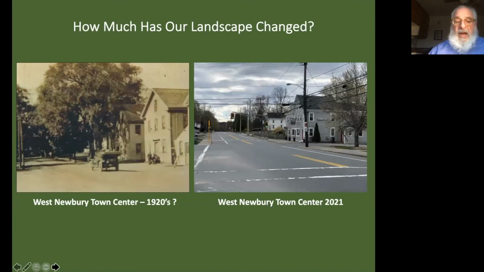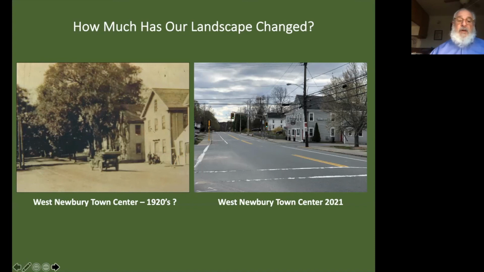Well, here's the side-by-side of our town center. And how much has the landscape changed? Now, there aren't very many photos. Again, people like to take photos of houses and people, not so much landscapes.